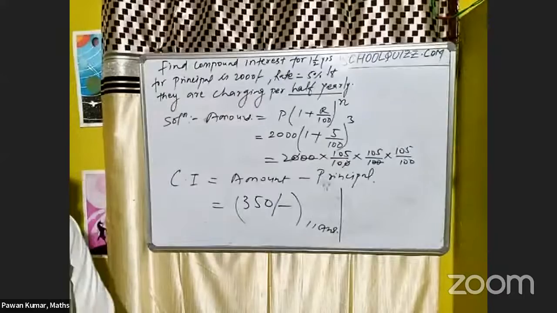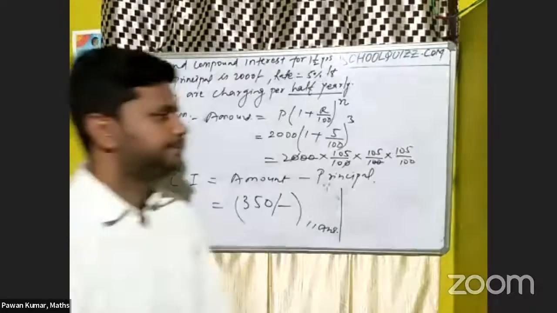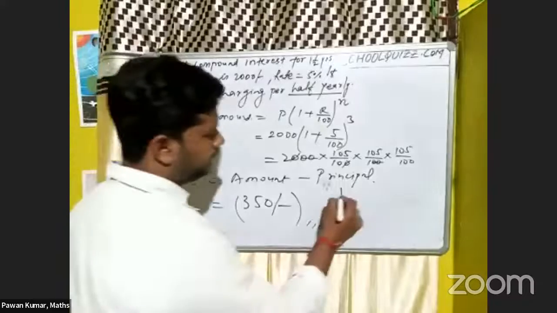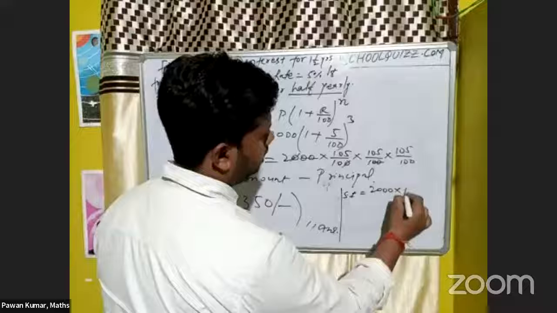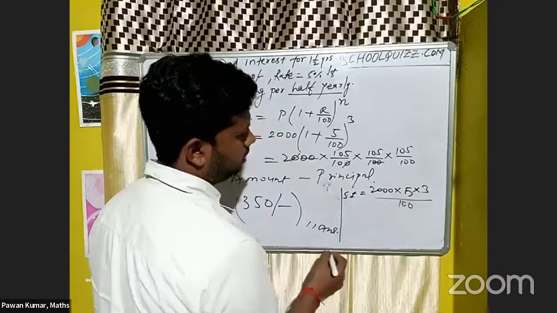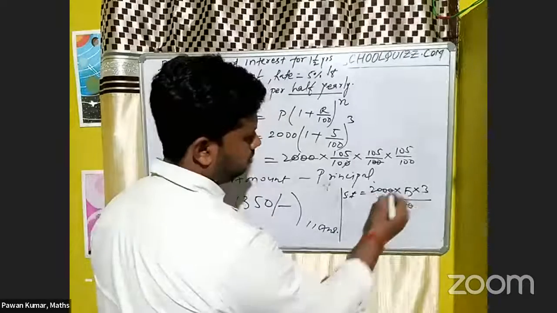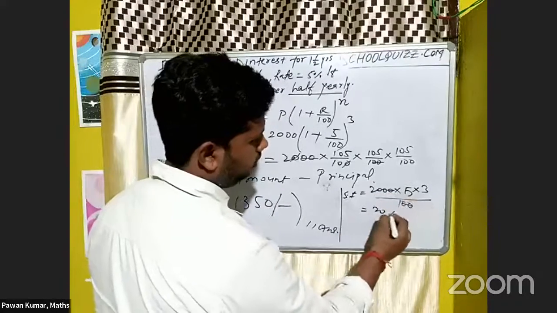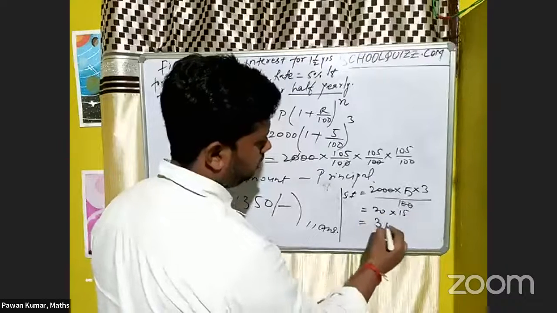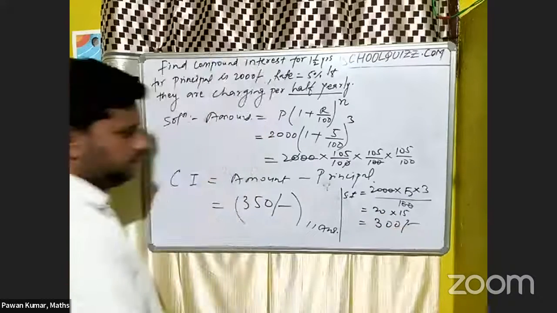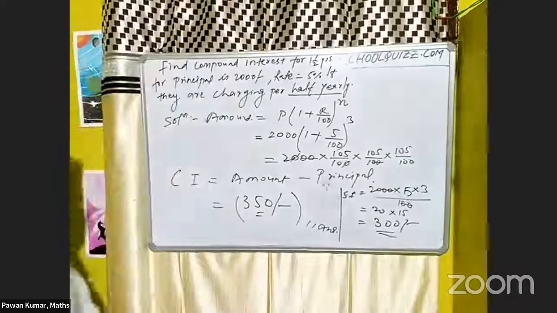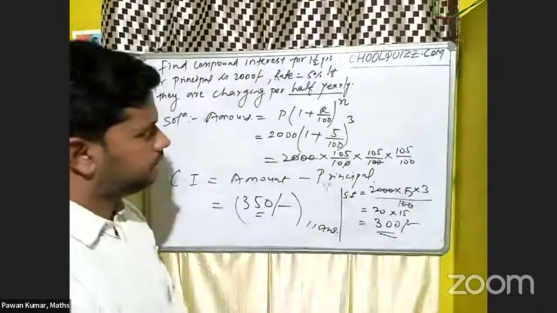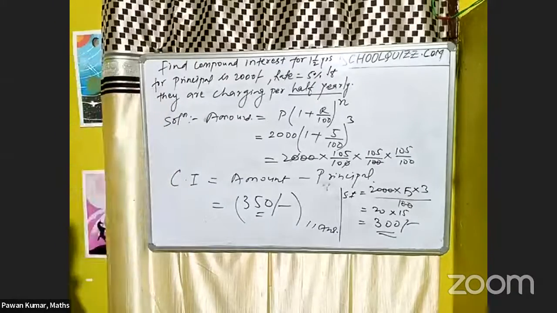That is the reason the government is focused on those things. If it is simple interest, SI, I can simply do 2000 into 5 into 3 by 100, so 20 into 15, that is 300. So you are getting 50 rupees extra compared to this one. That is the difference between simple interest and compound interest. Correct?